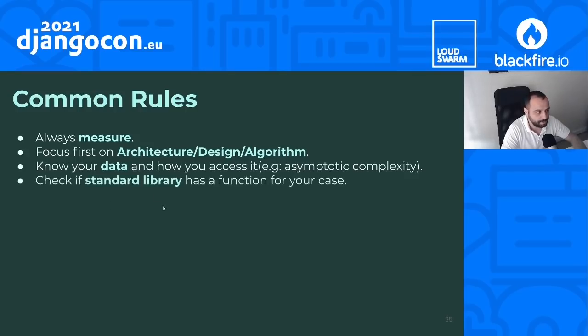And the fourth thing is check if the standard library has a function. Yeah, again, it's so important. I mean, Python standard library is very, very powerful. It probably has a function that does what you want. So if you have a function that seems to do lots of stuff that is not related with your business logic, then it's highly probable that there is a built-in function that does what you want.